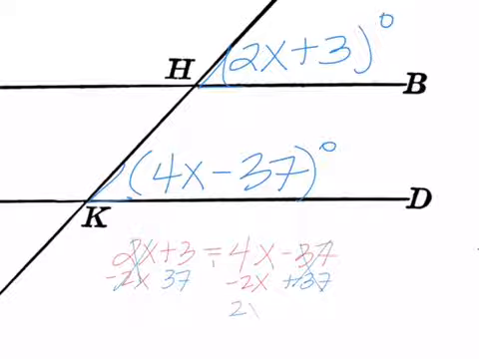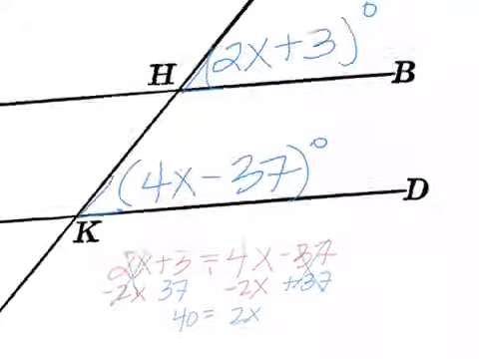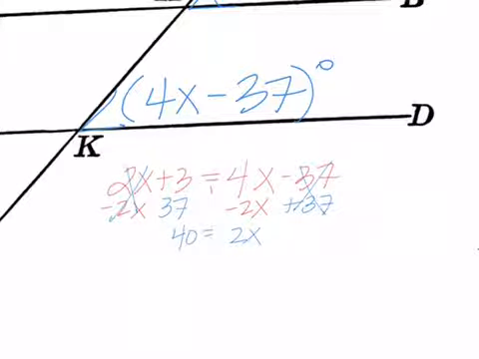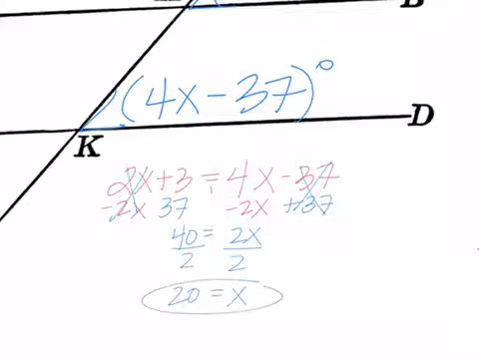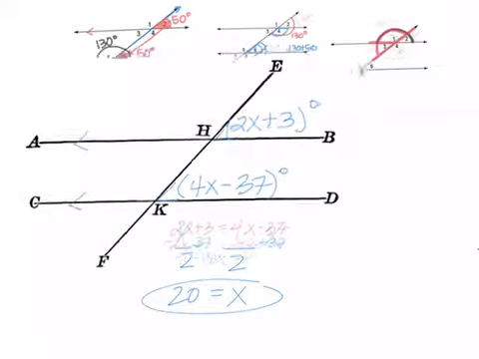And I would end up with 2x is equal to 40. From there, I could divide both sides by 2 and get x is equal to 20. Now, notice this doesn't tell me the measure of my angle, it just tells me what x is. So if I wanted to find the measure of the angle, I'd have to plug it back in.